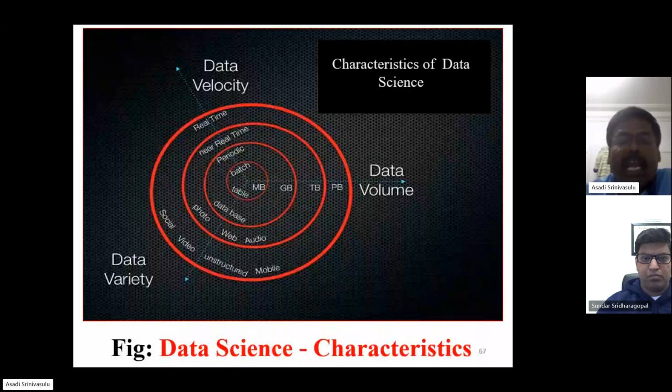Whether you are handling batch processing, periodic data, near-real-time data, real-time data, or legacy data, such kind of speed and motion in which we are handling the data is called velocity.